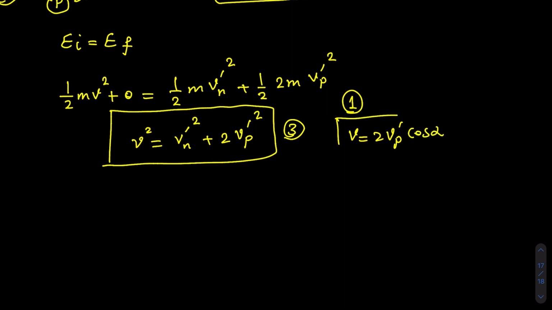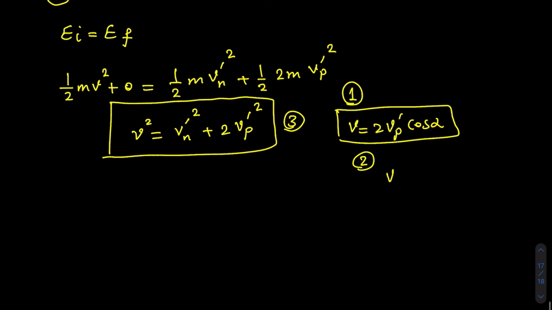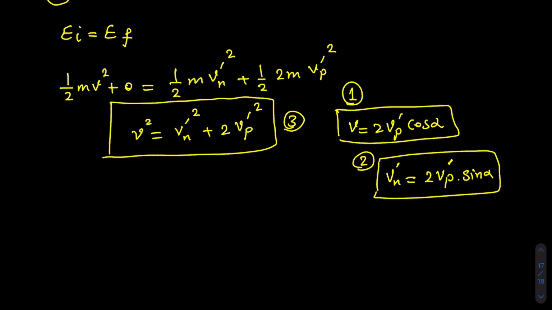And equation number 2: the velocity of the nucleus after collision is equal to 2 times the velocity of the particle after collision times sine alpha.